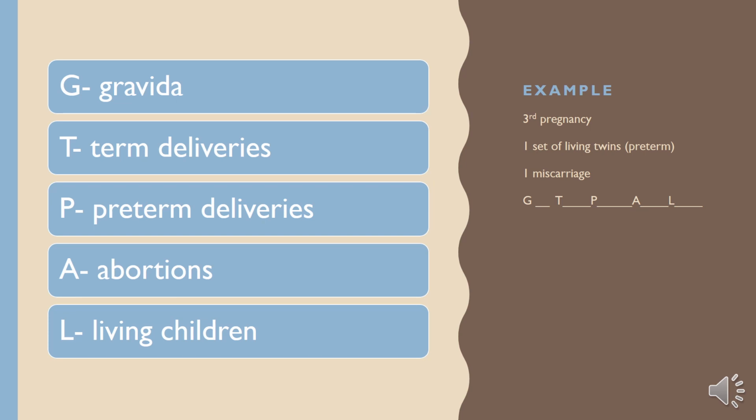She's had 1 miscarriage, so we'll put a 1 under the abortion because that would be considered a spontaneous abortion. And then under the L, there's 2 because she has twins and they're both living. So she would be a G3, T0, P1, A1, L2. And if we look at that, we'll be able to really get some good information. And again, we're going to practice this a little bit more in class as well.